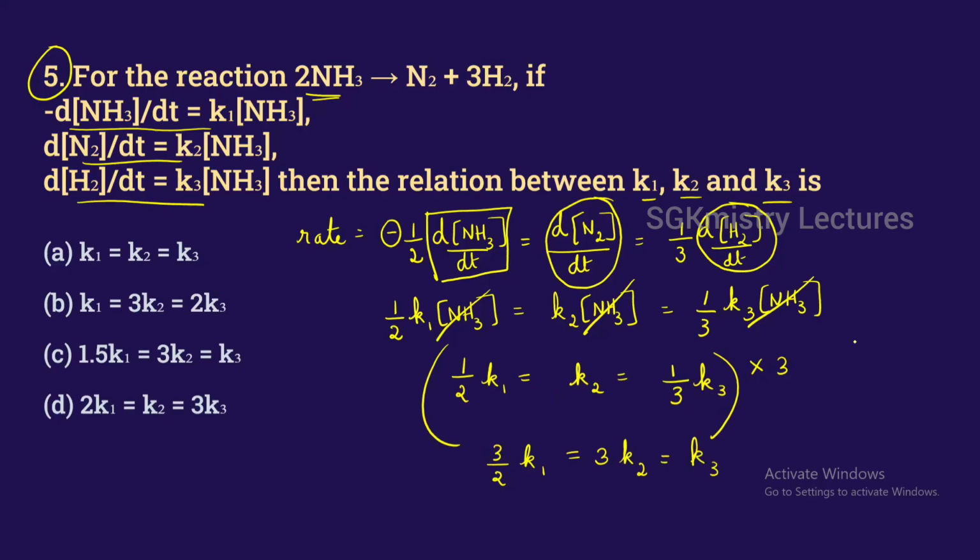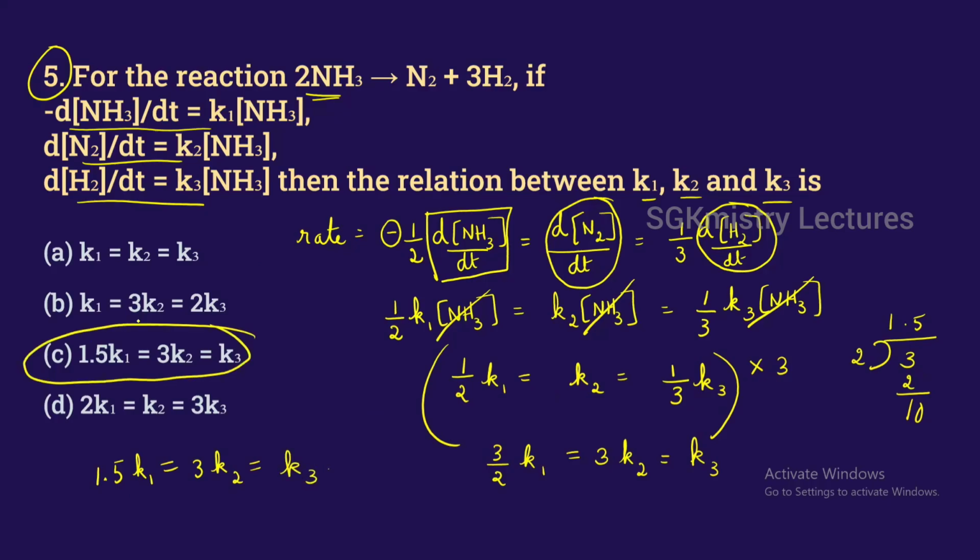Correct? Now 3 by 2 is nothing but 1.5. So 1.5 K1 is equal to 3K2 is equal to K3 as the correct answer.